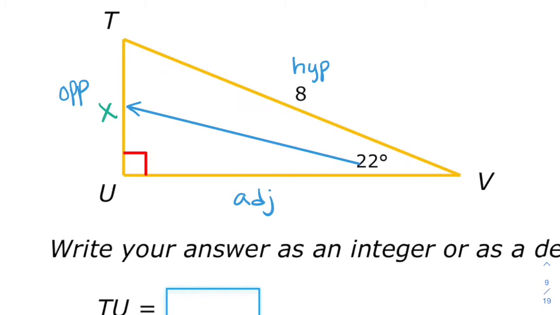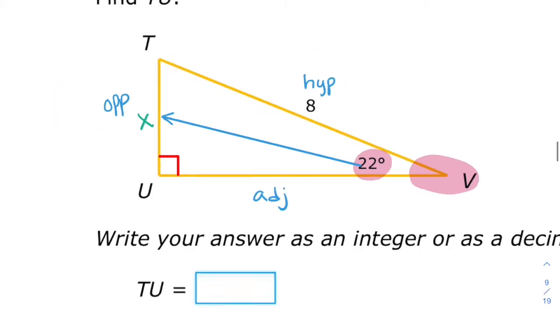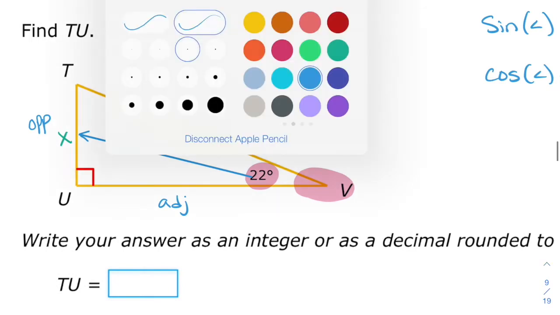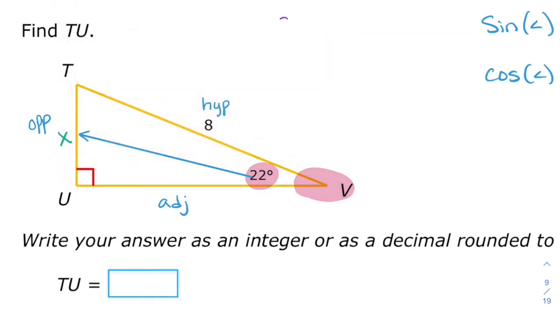Okay, so in terms of angle V right here, in terms of 22 degrees, because that's what they gave me, we have an opposite side right here and a hypotenuse side that I'm going to work with. So that function is the sine function. So I'm going to say sine of my angle is equal to opposite over hypotenuse.